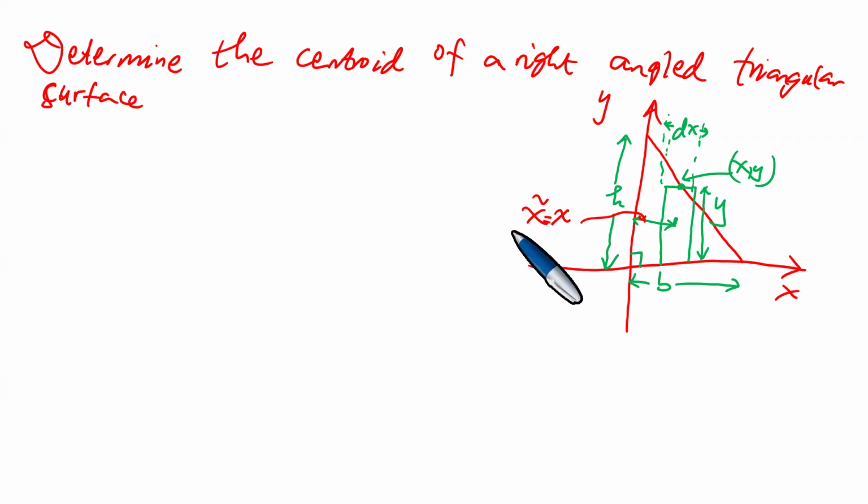We chose this point to be x, so that from here to there it's x. Now the y, which is in the middle, is y tilde out of 2.